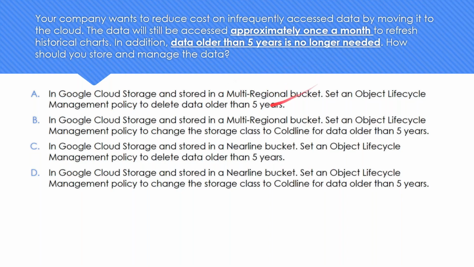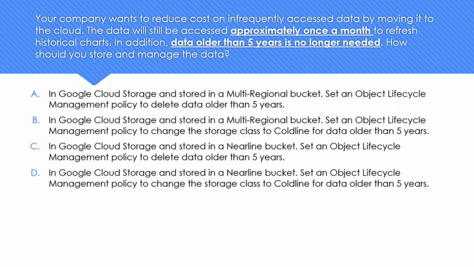Now, if I keep it in a multi-regional bucket, because the data is not very frequently accessed, it's going to be accessed only once in a month. So if I put it in multi-regional, it's going to be a costly, expensive solution. You may ask, nowhere have we mentioned expensive, or that it has to be cheaper.